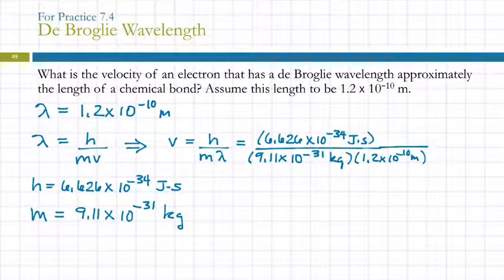Now we can do the math. Oh, did I bring my calculator? I did. Awesome. 6.626 EE minus 34 divided by 9.11 EE minus 31 divided by 1.2 EE minus 10. Get a really big number here.